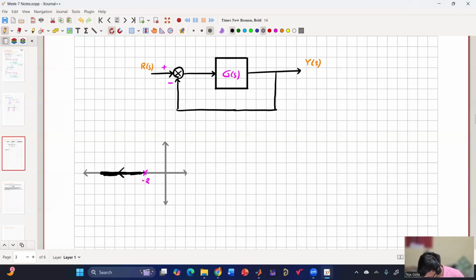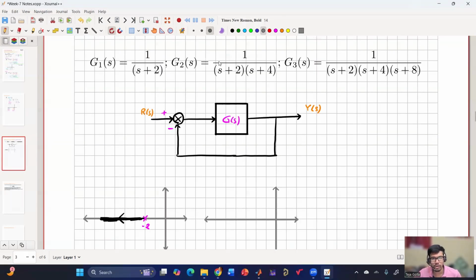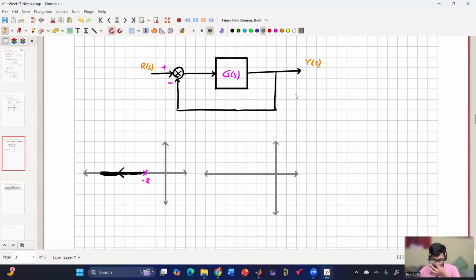Now, let us consider the other example, where I have a pole at minus 2 and a pole at minus 4. Right?